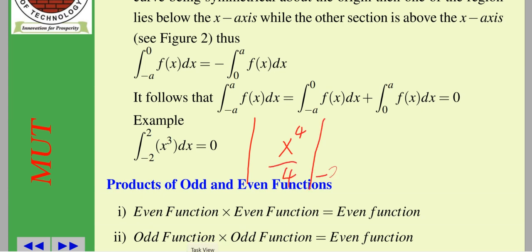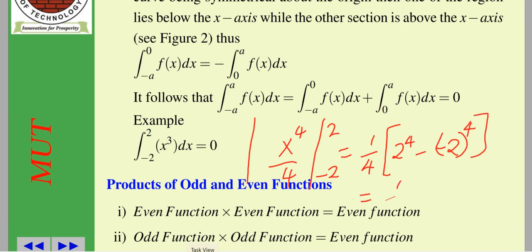Then you put -2 to 2. This will be 1 over 4 times 2 raised to power 4 minus 2 raised to power 4, which is 1 over 4 into 16 minus 16, which is 0. So in this case, you get 0.